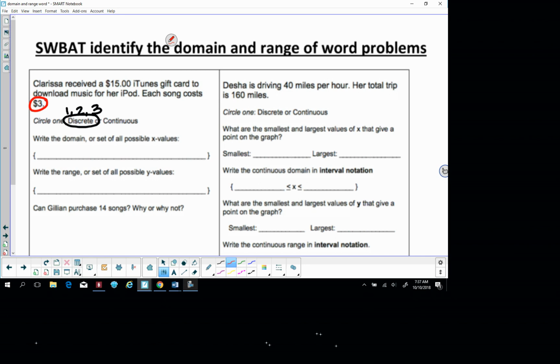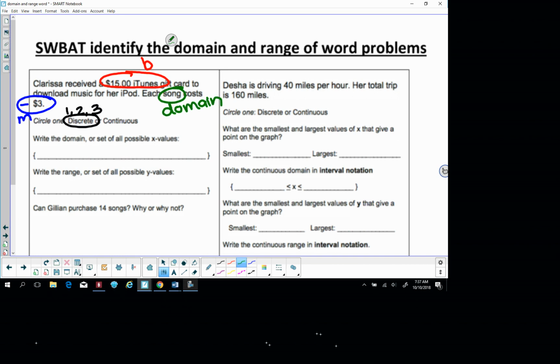So I'm starting out with a total amount of money, which would be my y-intercept, my initial value, my b, my beginning value. Then after each song, I'm spending $3, so it would actually be -3. It's $3 per what? Song. So I know that my domain would be the songs.